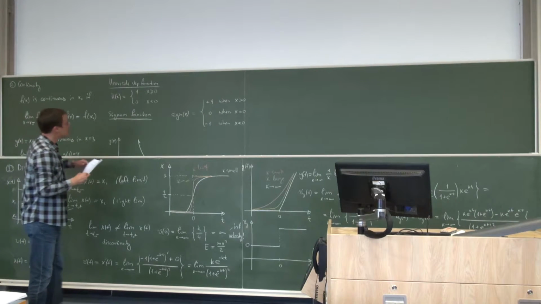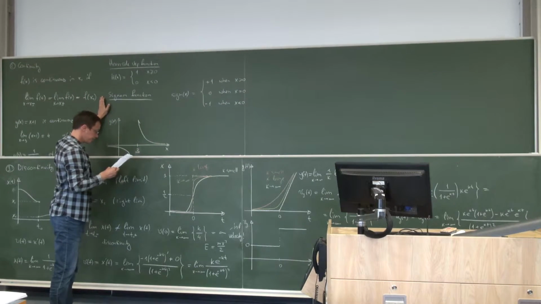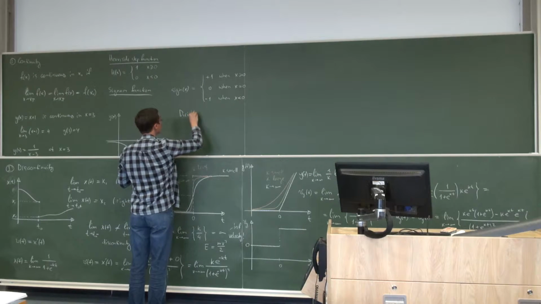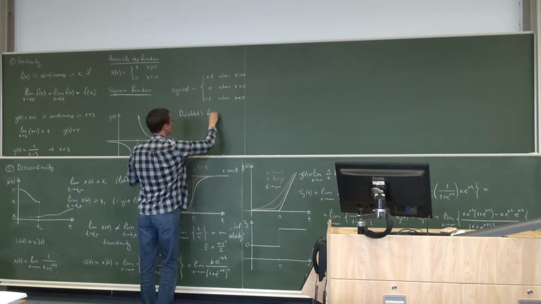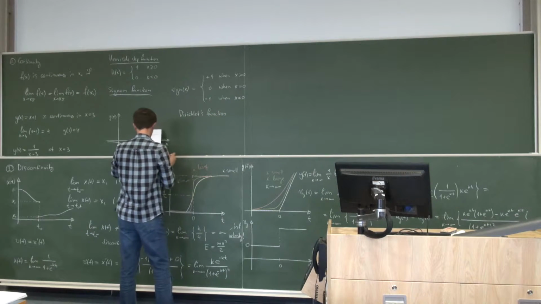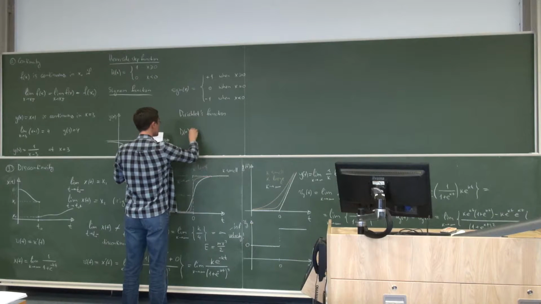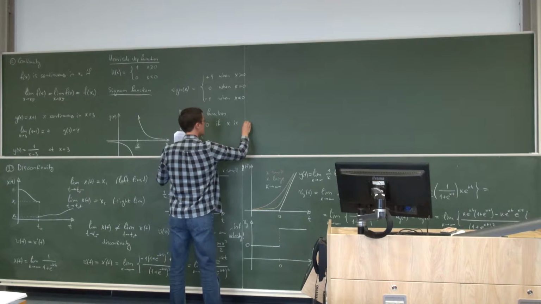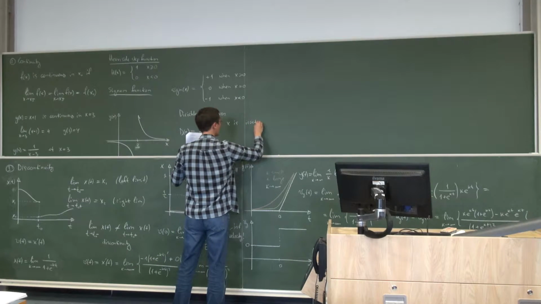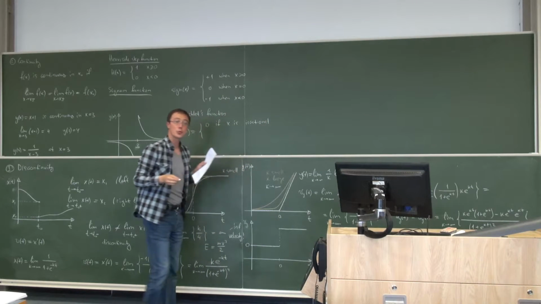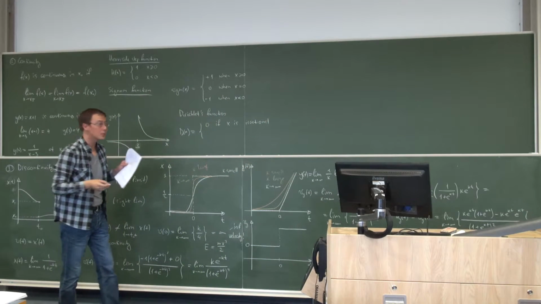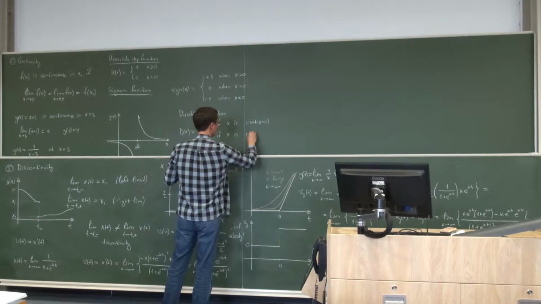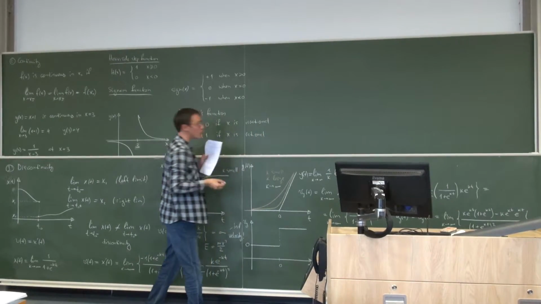And then there is a seriously exotic function, Dirichlet's function, defined in the following way. D of x is 0 if x is irrational, for example, √2 that cannot be expressed as a fraction of 2 integers, and 1 if x is rational, for example, 2/3.